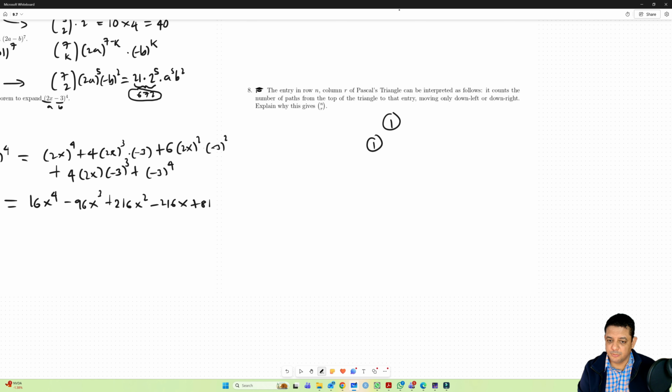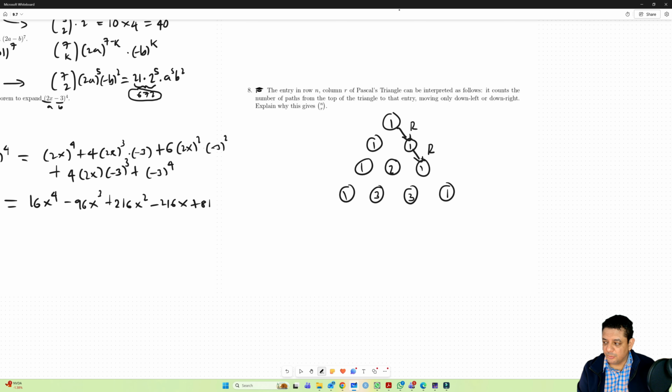We have 1, 1, and then 1, 2, 1, and then another row, and let's stop here.